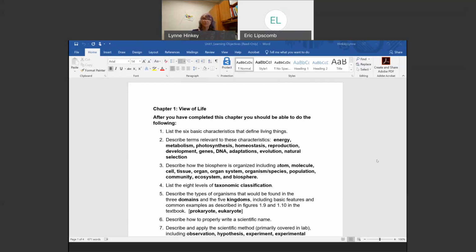The second property of life that the book describes is that living things require materials and they use energy. We have to acquire materials and use those to build biomass and to acquire energy. This is a way to describe metabolism. Metabolism is the sum total of all the chemical reactions in a cell.